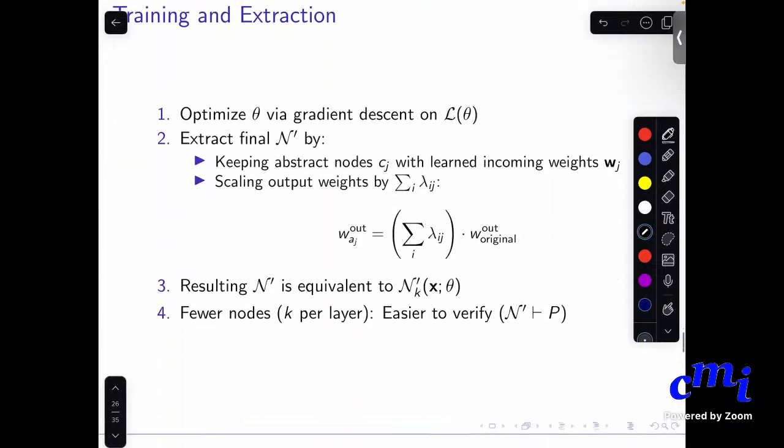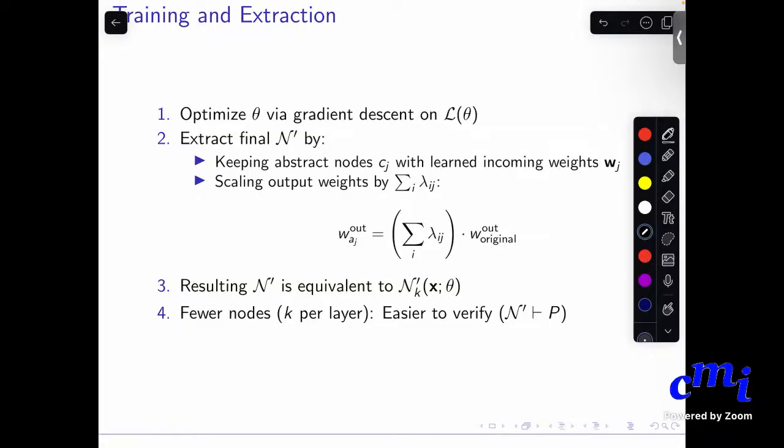Now, in the training and abstraction, by the gradient descent process we will get the optimized theta. Finally, we will extract N dash: we keep the abstract node Cj with all the incoming weights previously there, but scale the output weights by the summation of lambda ij.